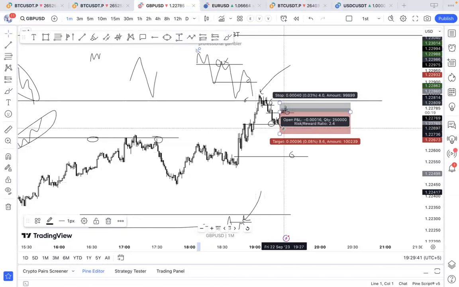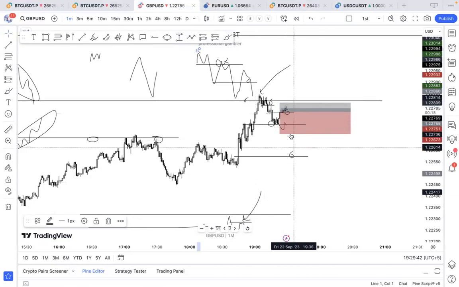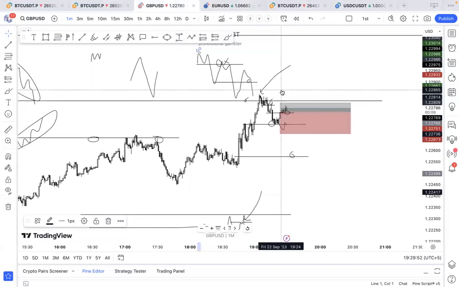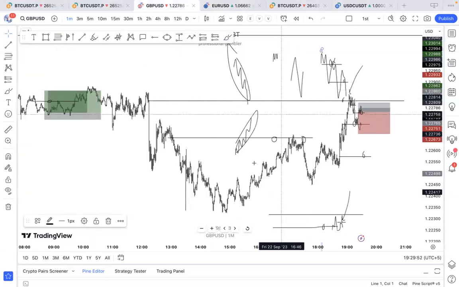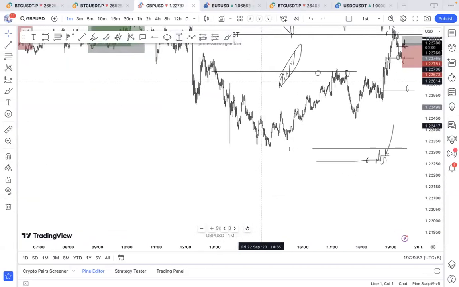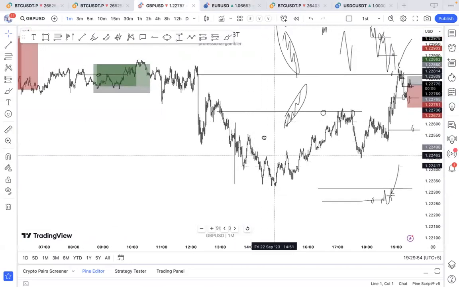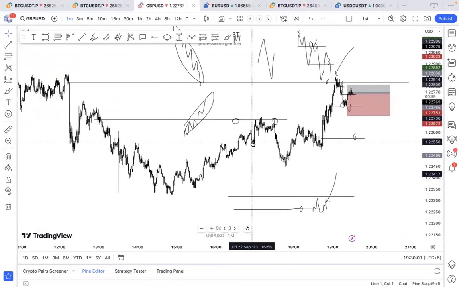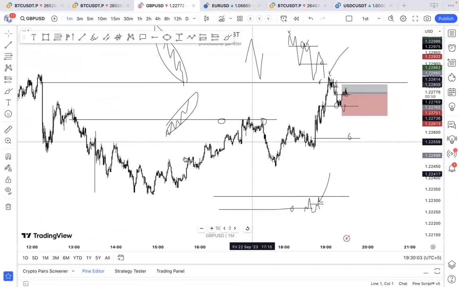Continuation patterns rarely work on GBP and Euro. It works great on crypto, but it rarely works great on Euro because these are stable pairs. In crypto, you can play a lot of continuation. I always wondered why I got stopped out on Forex.